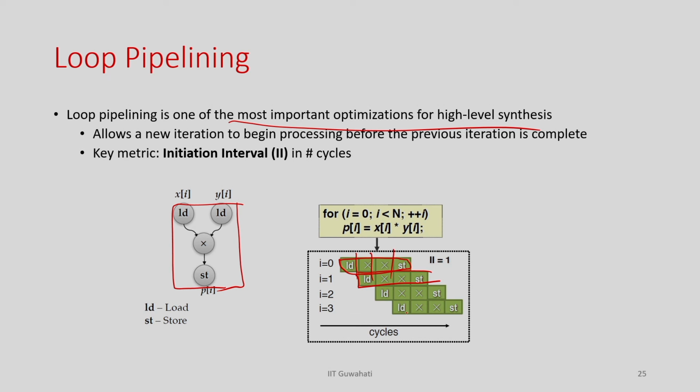So, different stages of the pipeline perform the operations for different inputs, different iterations, right. This is what loop pipelining is, a very important optimization, and as a result you can execute the loop in the order of n time if the number of iterations of the loop is n, which is very interesting, and I am going to talk about it in detail in this course.